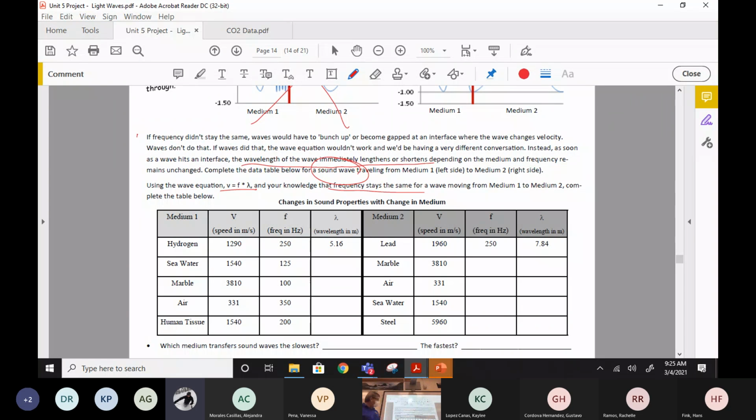What do we see? In hydrogen, the velocity is 1290. The frequency is 250. The wavelength is 5.16. Hey, everybody get out your calculator. You can use your phone. What was the wave equation? Velocity equals frequency 250 times lambda wavelength 5.16.